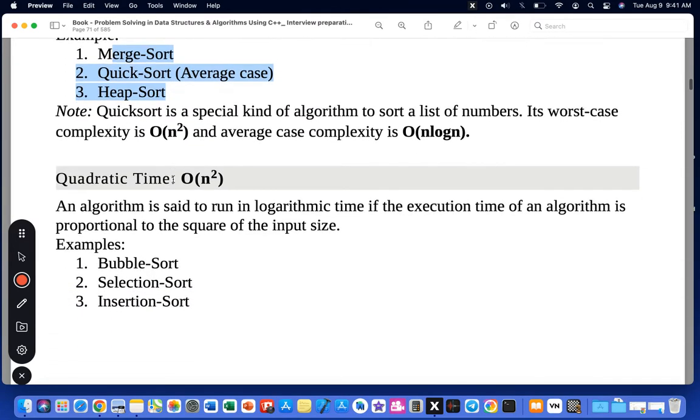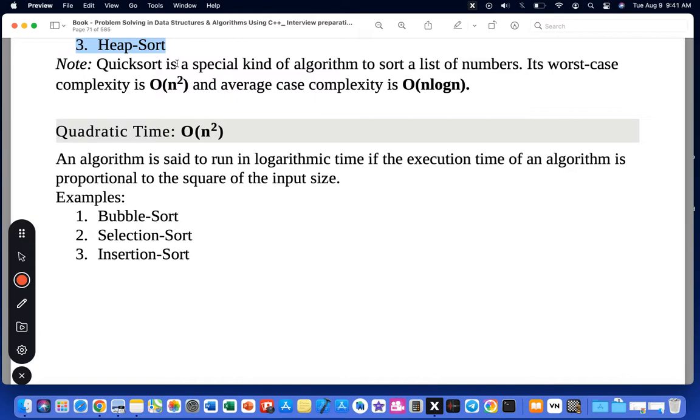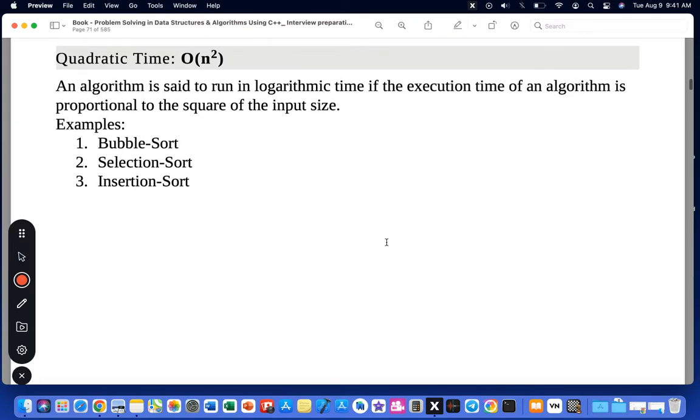We'll be talking about this later on. Quick sort is a special kind of algorithm to sort a list of numbers. Its worst case complexity is n square, and the average case complexity is n log n. So we have the worst case and we have the average case, right? That's how we apply what we just learned.